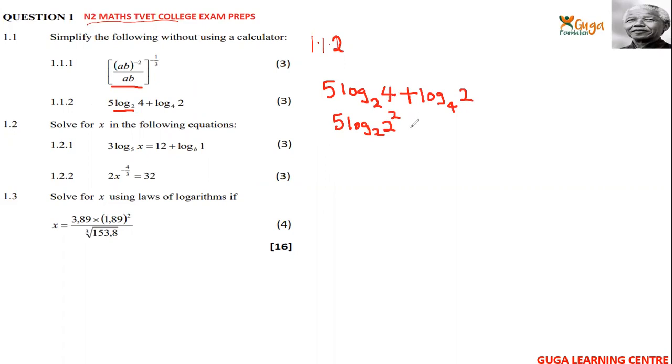Plus, here you've got base 4, but the other term has base 2, so you have to change this base 4 to a base of 2 so that you can simplify properly. So how do you do that?